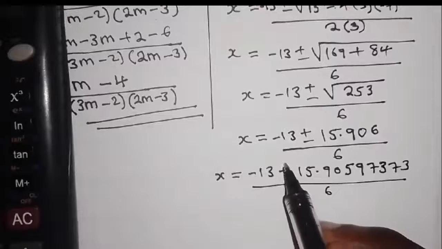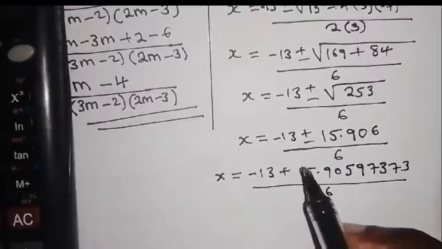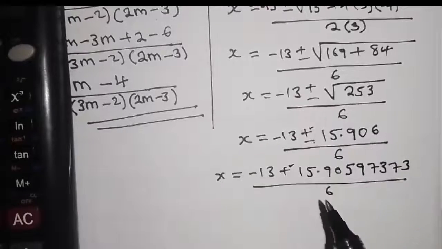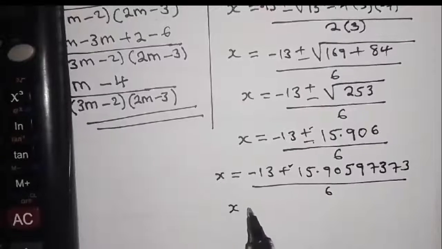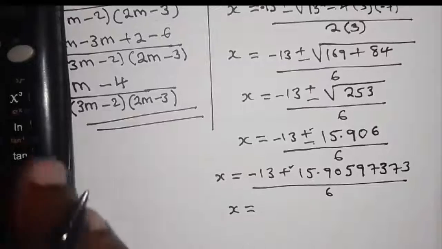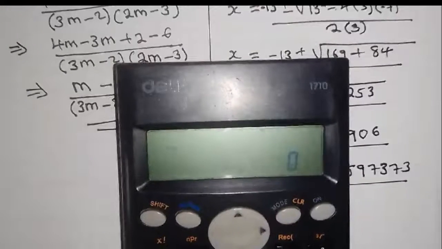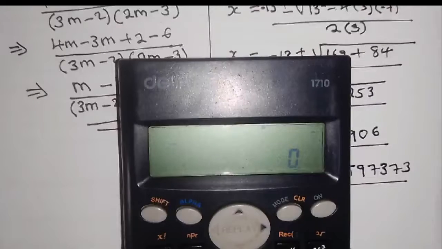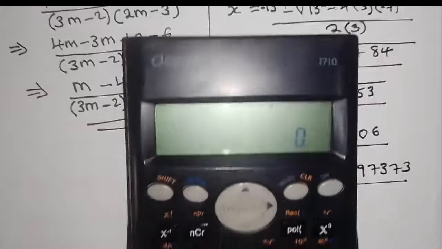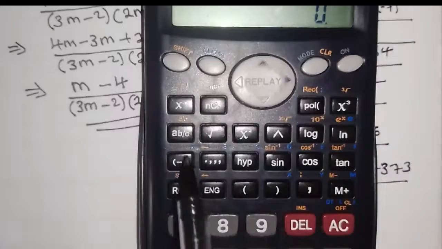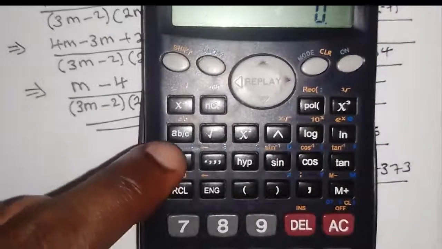So what you have done is just to copy the entire square root. Now you have seen that I've put a plus there, because there are two signs. There is a positive and negative. So we start with a positive and test what the answer is. So I'm going to punch just the way it is, negative 13 plus this. Where I'm punching for the negative is this button, okay?